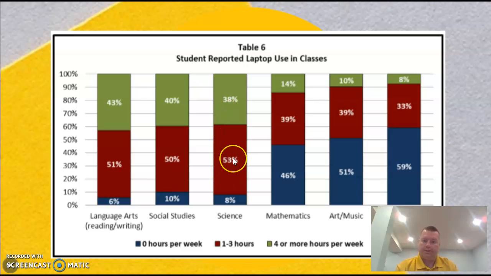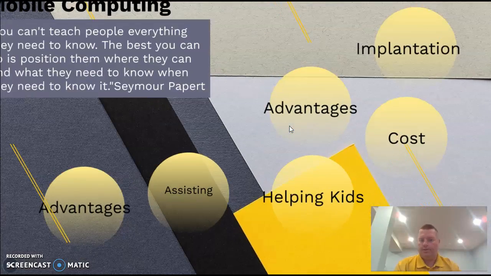Science, 90% of students said they use their laptop 1 hour or more. And with this being over 10 years old, I would venture to guess that the numbers in mathematics will go way up, because there are multiple free online math courses now that students could do that you could not do in 2010. I know there are a lot more math things like Khan Academy that kids will learn from at home.